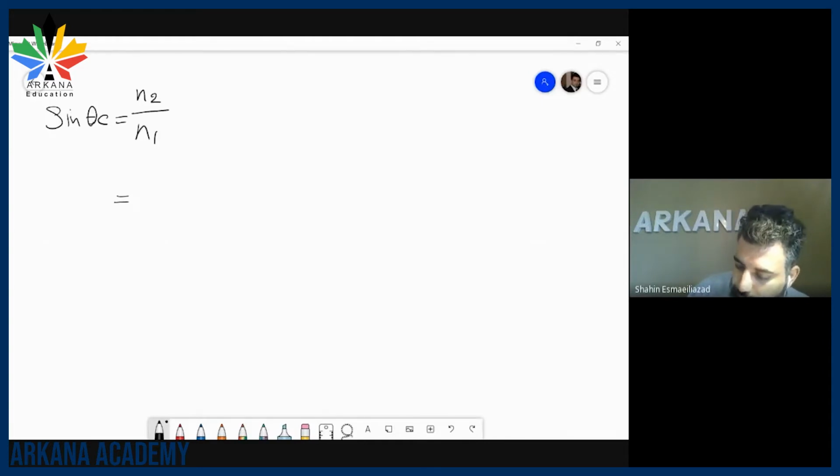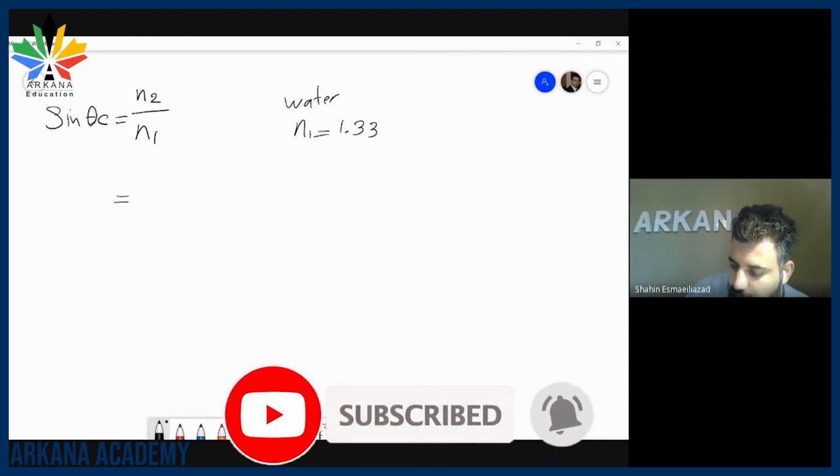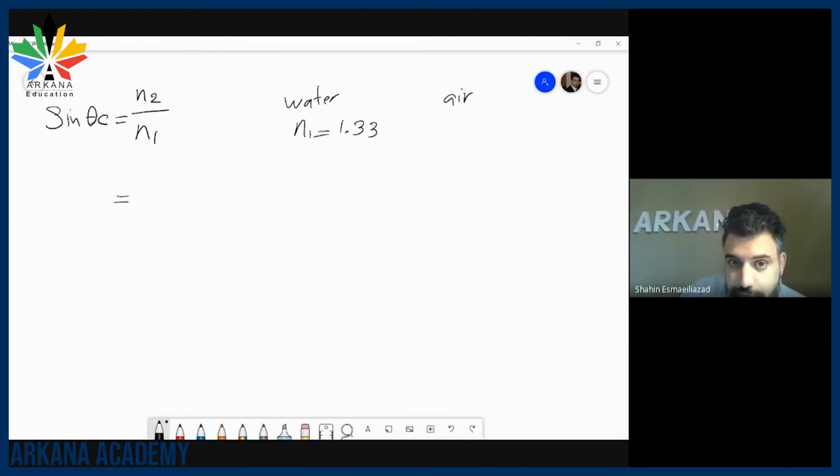So our n1 is equal to 1.33, and that's water. And it's going from water to air, which has an index of refraction of 1. We can assume it's 1, or sometimes it's 1.0003.